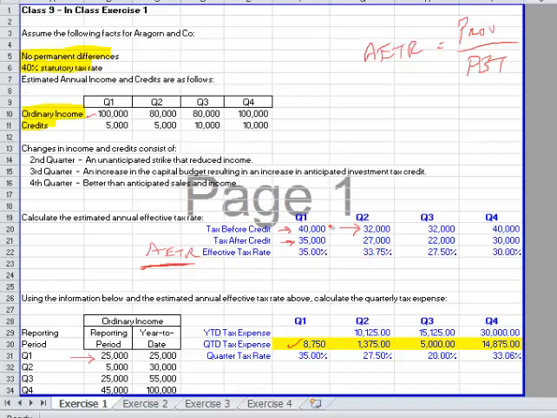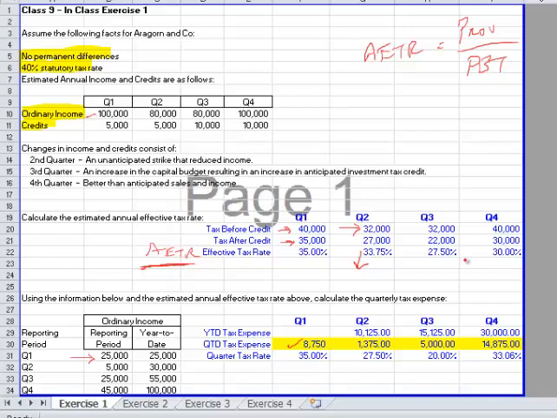And 27 divided by my 80 is 33.75. So this rate is lower than Q1, mostly because my credits are just a bigger percentage of income now. Right? The credits didn't change, but on a relative basis, they became more significant. That's all that happened. It's just math.